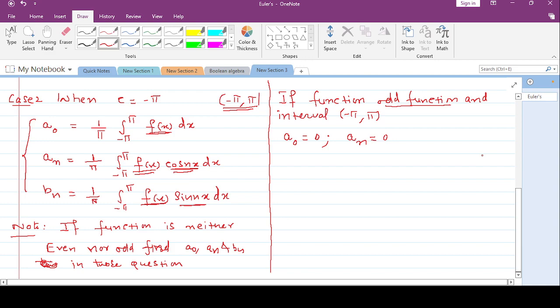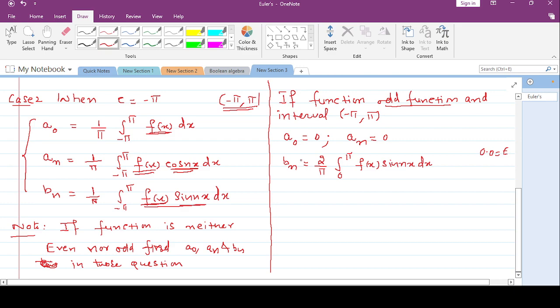So as this function is even, it means that b_n does not become 0. And b_n can be written as 2 outside the integral sign with the lower limit becoming 0: 0 to pi f(x) sin nx dx.